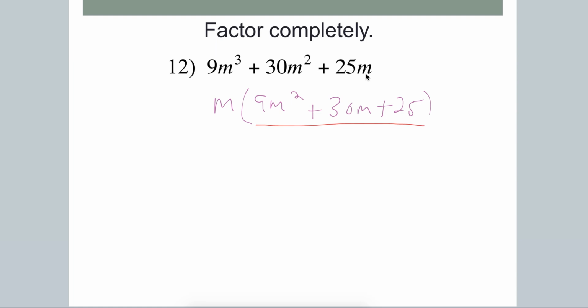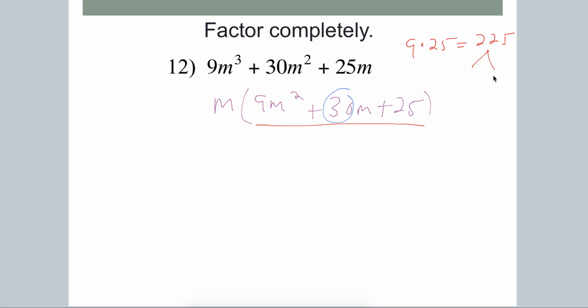And if you use the AC method, which I showed a little bit ago, we do 9 times 25, which gives us 225. So some big numbers, but the idea is we want to find two numbers that multiply to 225 and also add to this 30.